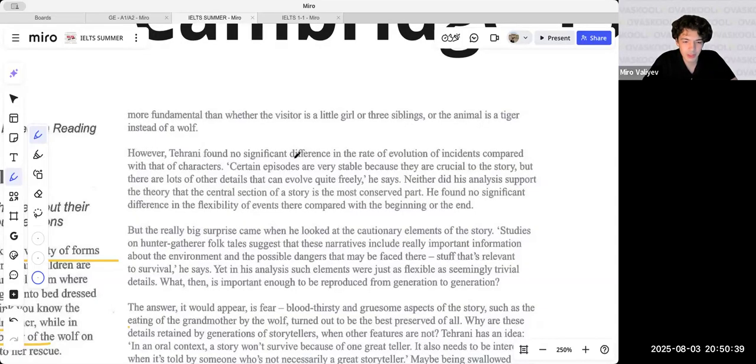However, Tehrani found no significant difference in the rate of evolution of these incidents compared with that of characters. Certain episodes, he says, are very stable because they are crucial to the story, but there are lots of other details that can evolve quite freely, he says.